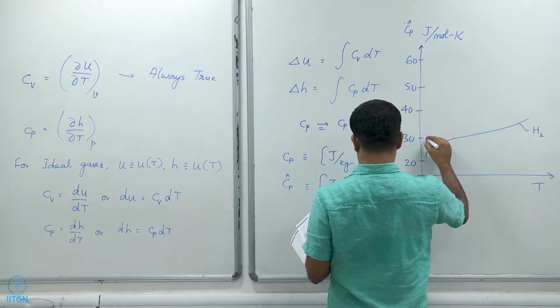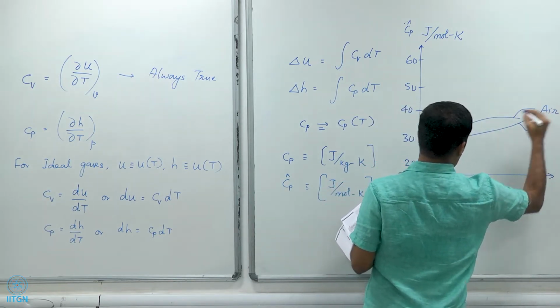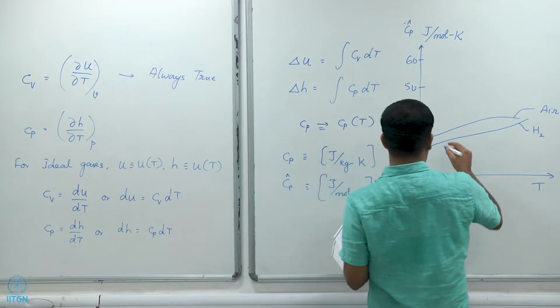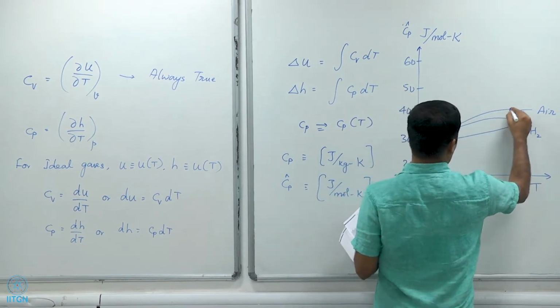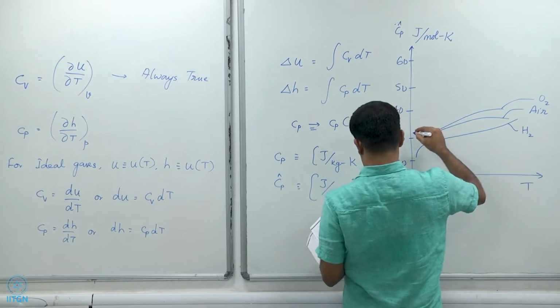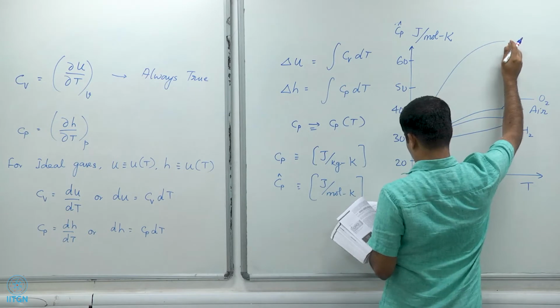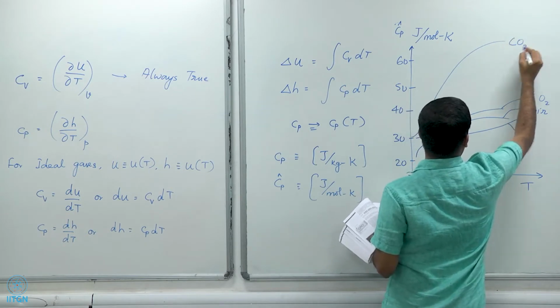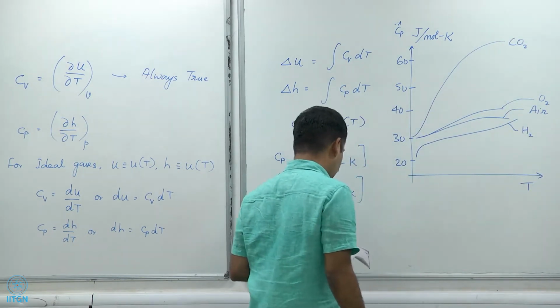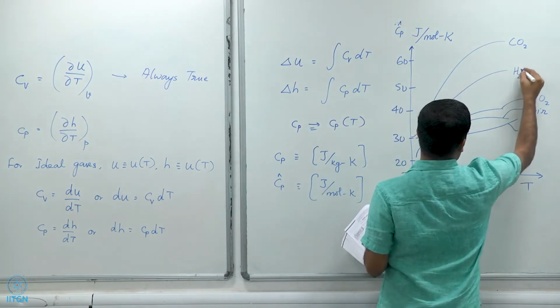Air looks somewhat like that. Air. Oxygen. For CO2, this looks very different, right? And for water vapor, again, it looks different.